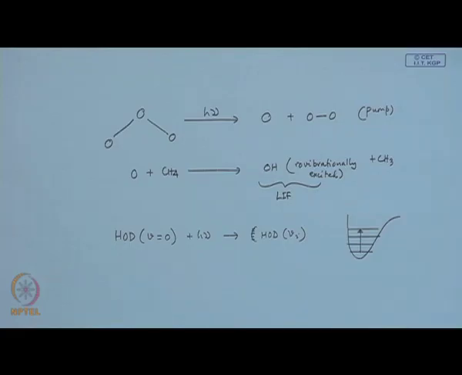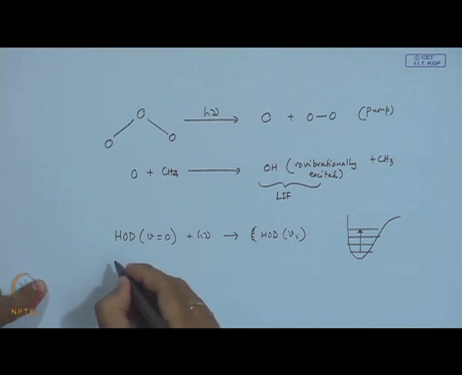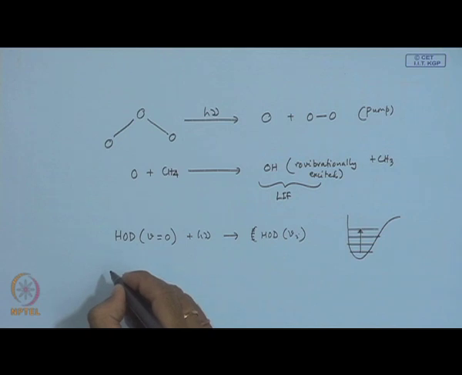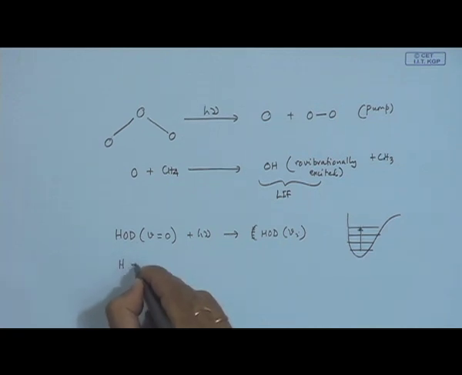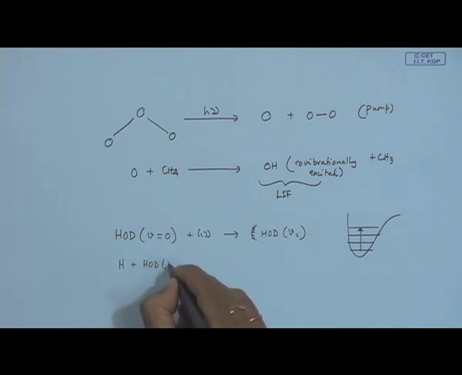So HOD v equal to 0 plus h nu gives rise to HOD vi. Then, using a microwave discharge, you can generate nascent hydrogen, H, plus HOD vi.